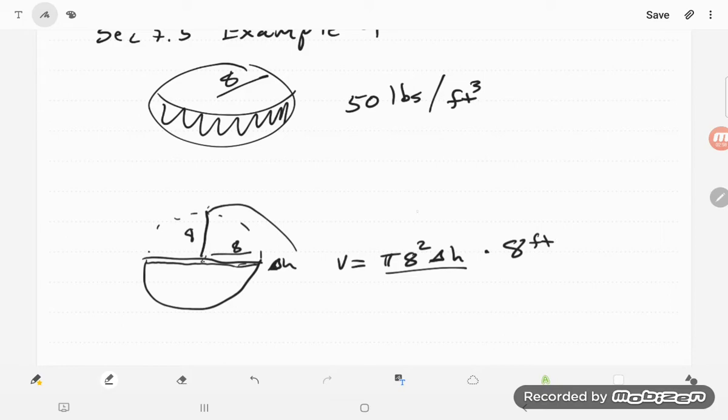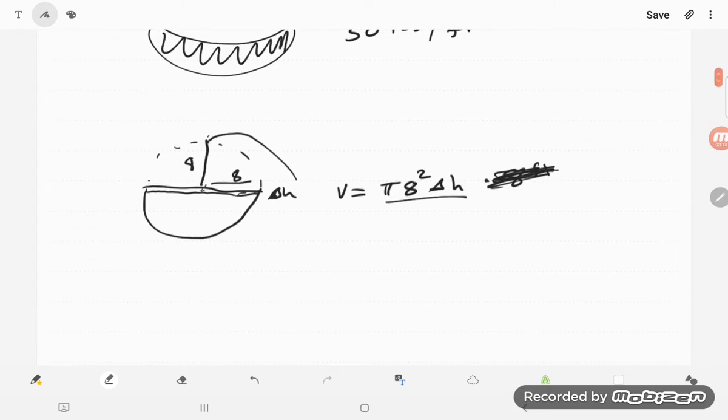Okay, now here's something that's a little bit different. Oh, wait, that's the volume, and I shouldn't have put the 8 times 8 feet there on volume anyway. But now, our force is 50 times the volume.